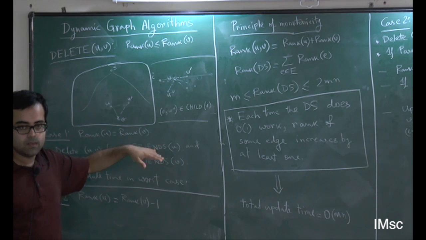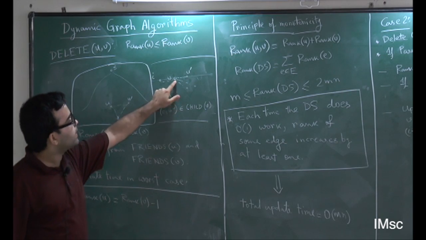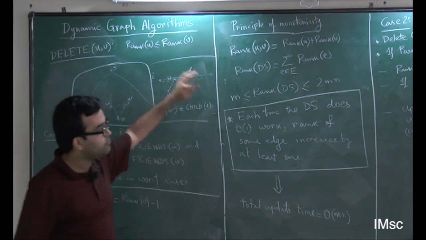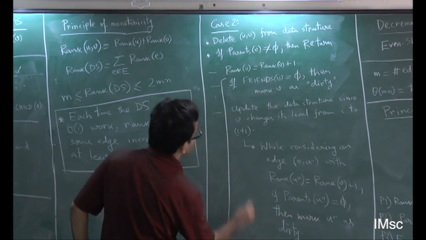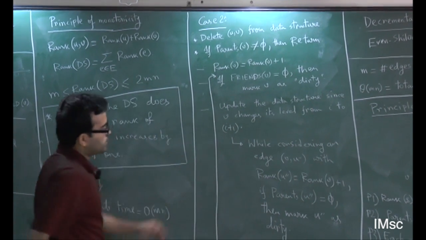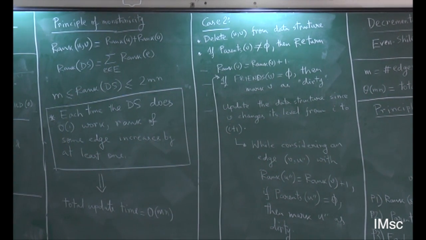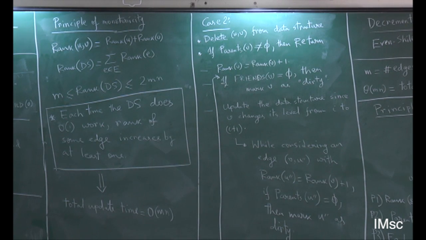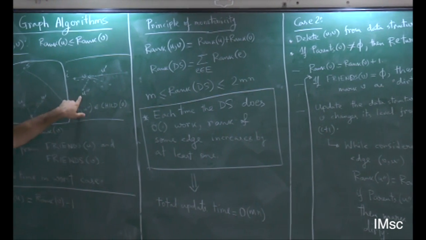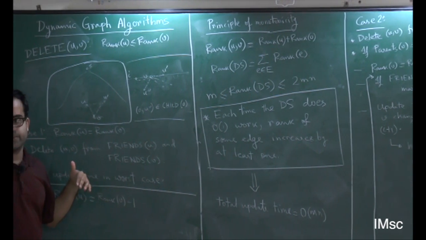So, by the time you are done processing V in this iteration, this is just one whole iteration, what we will find is there is no dirty node in level I or above, but in level I plus 1 there are a bunch of dirty nodes.